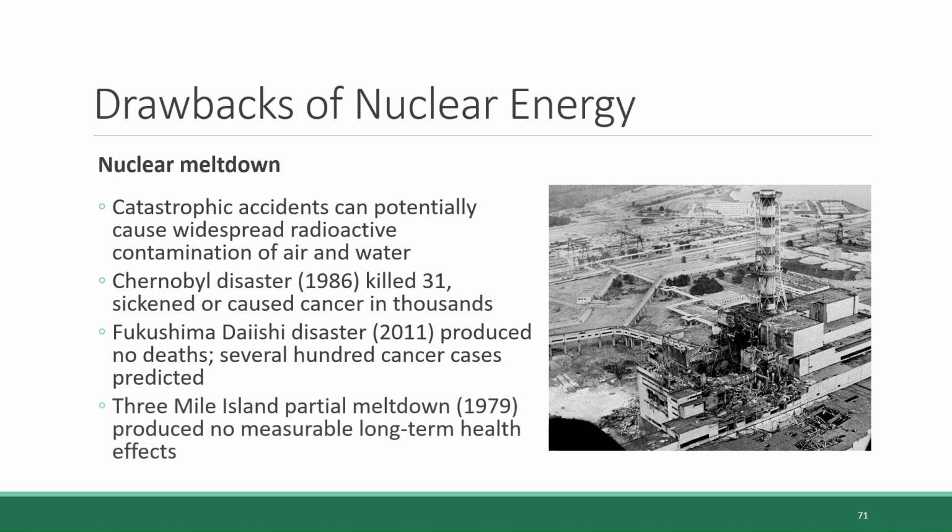The nuclear accident that's closest to home for us was the Three Mile Island partial meltdown, which happened in 1979 in Pennsylvania. This was not a full meltdown, and so a worse disaster was averted, and follow up studies have concluded that there were no measurable long term health effects resulting from it.